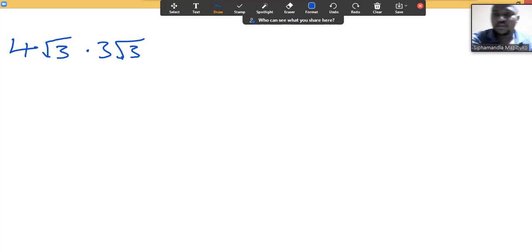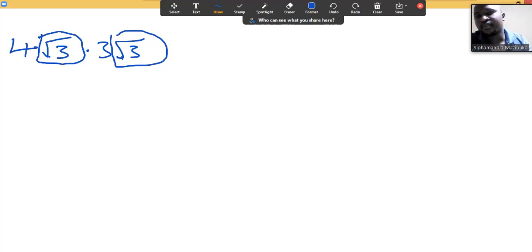So what you can notice here is we have this root 3 here. Okay, so easily we can just multiply 3 and 4 to get 12. So this is equal to 12 root 3 multiplied by root 3.